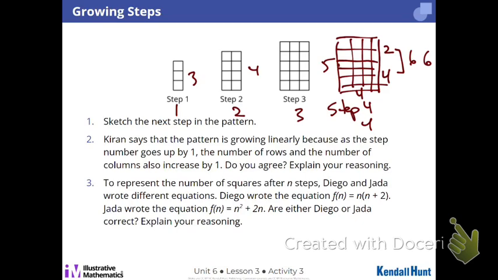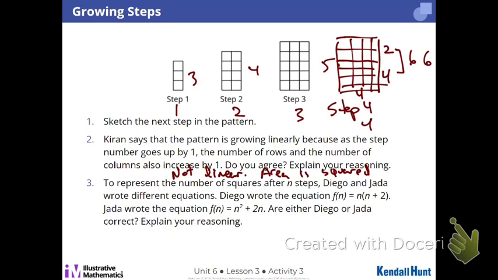He's right on the second part, they do increase by 1, but it's not linear. Area is squared. We can think back to our geometry, volume, surface area stuff, right?